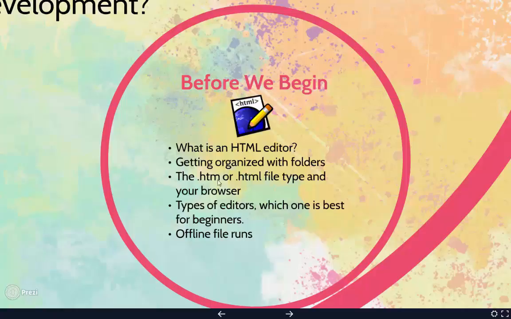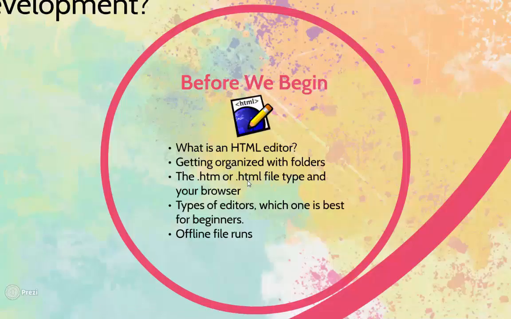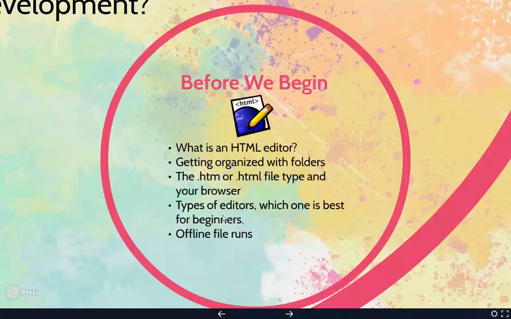HTML is the file type for HTML pages, and when you double click on these files, the HTML program will be run on your browser. Types of editors: which one is the best for beginners? Notepad. This is the HTML editor. We're going to use Notepad. And offline file runs. We're also going to talk more about that.